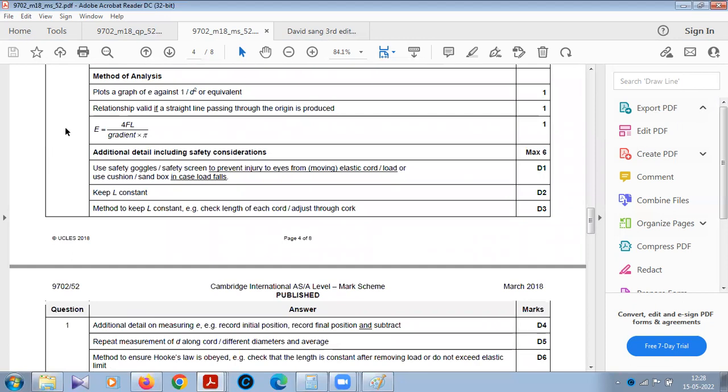You are doing it for different diameters, so you will get different points. You connect those points, find out the gradient of the best fit line, and then using the graph, you can find the value of E.